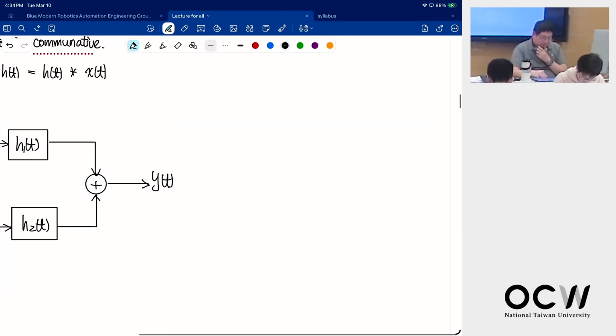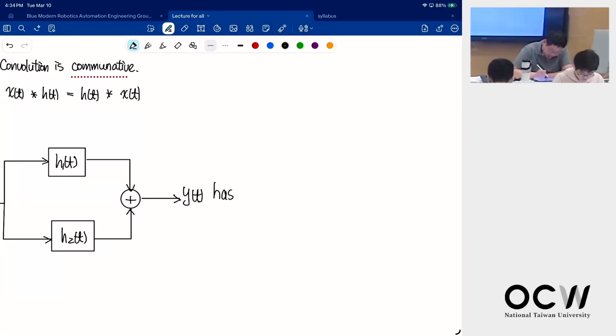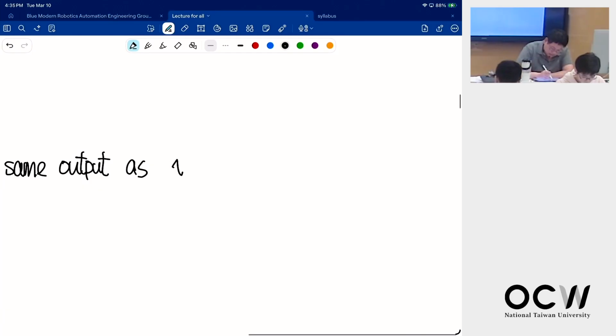This structure has the same output as if I send the input to a bigger system, that's h1 plus h2.